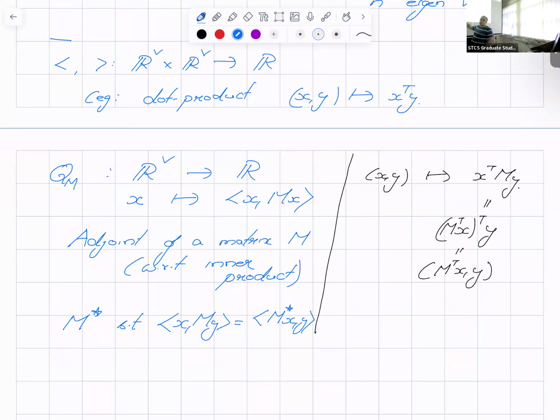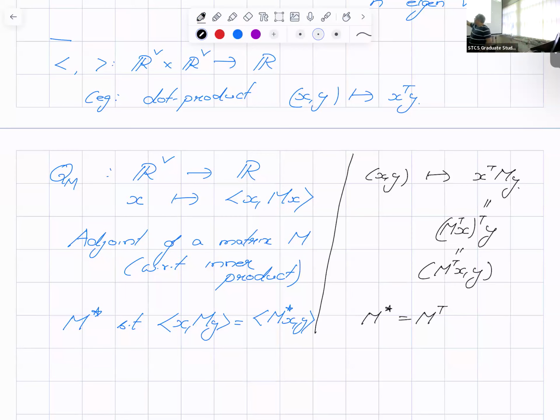It's that operator which is going to do this. For the dot product, M star is M transpose. Okay. So that's the definition of an adjoint.